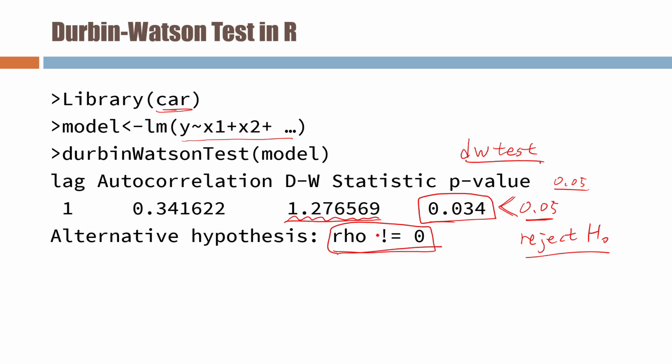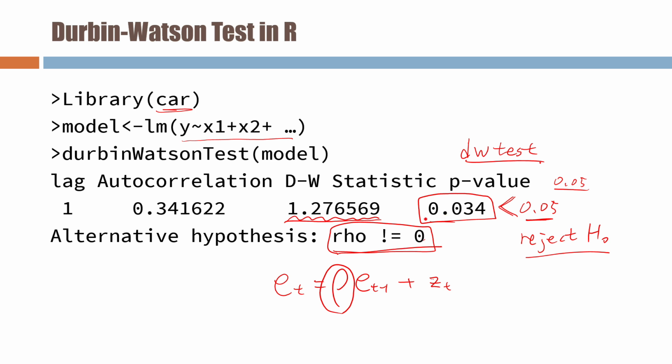So rho is not 0, which means e_t equals rho times e_(t-1) plus another error term. If this is not 0, there is some relationship.